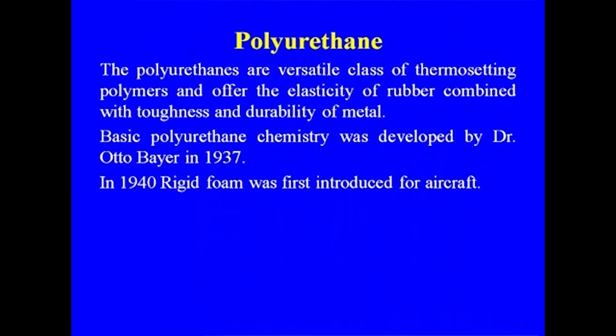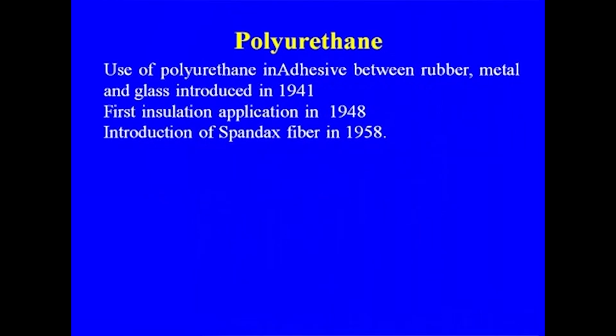In 1940, rigid foam was first introduced for aircraft. Use of polyurethane in adhesive between rubber, metal and glass was introduced in 1941.